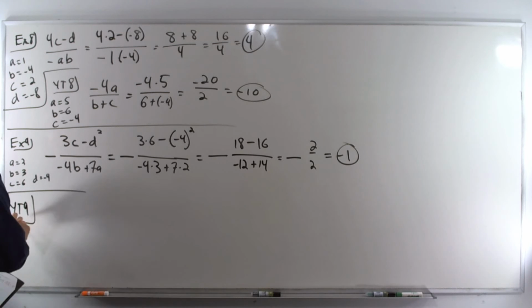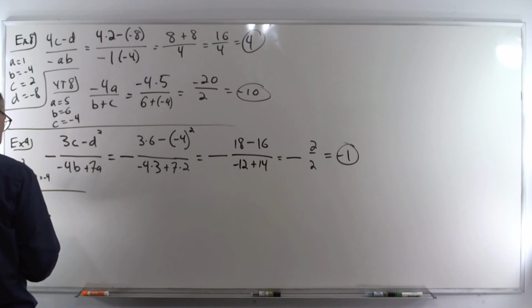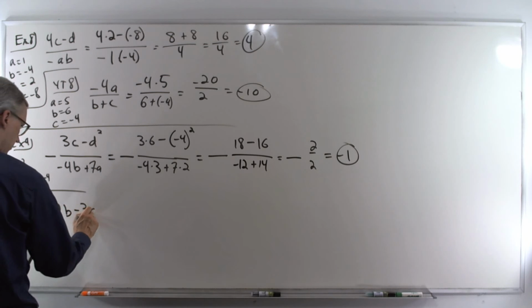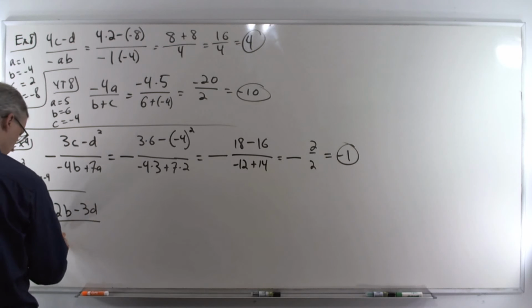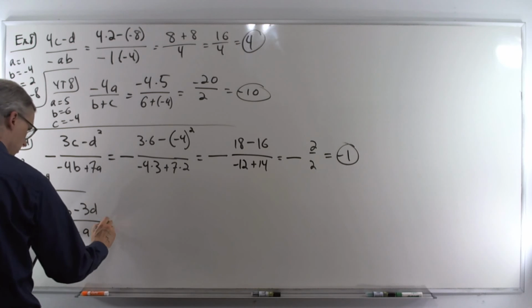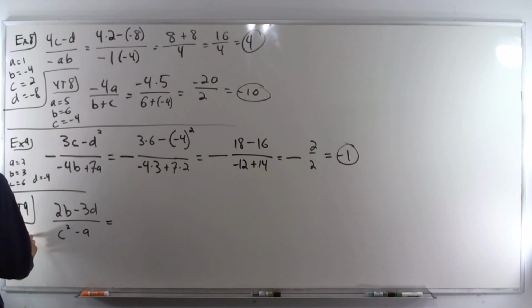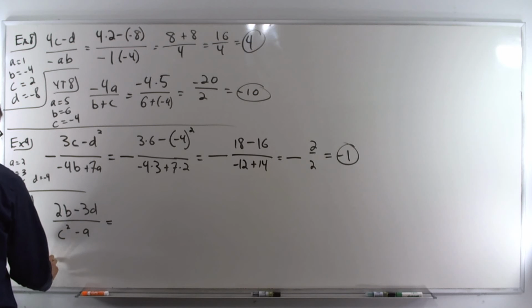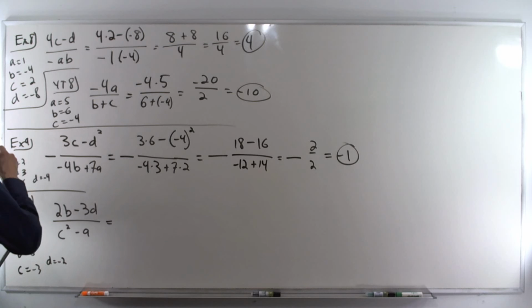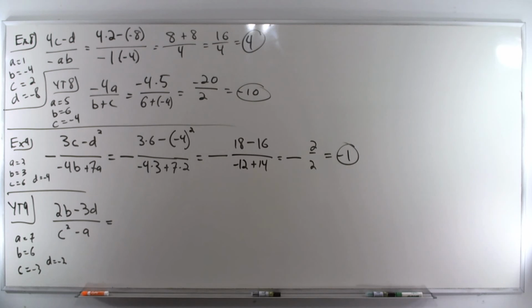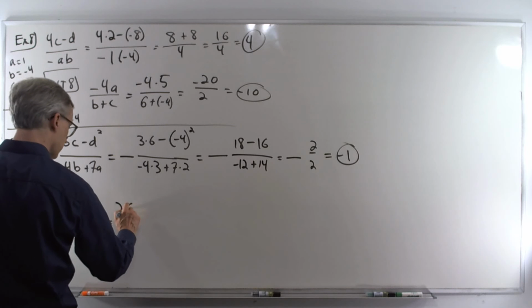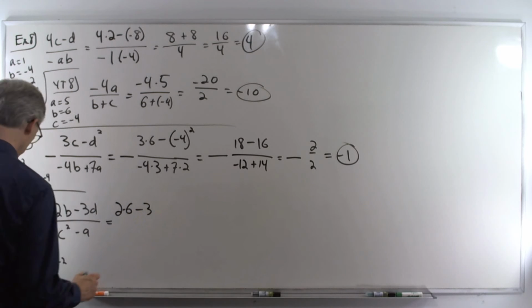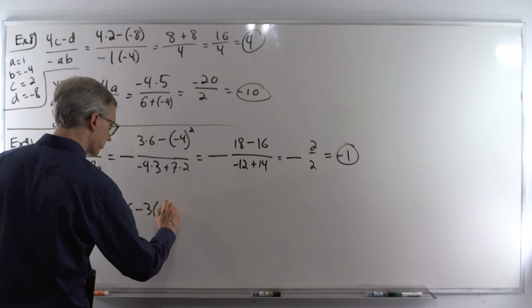Your turn, number 9. So we're plugging in 6 for B, 2 times 6 up top, and D is -2, so 3 times -2 in parentheses.